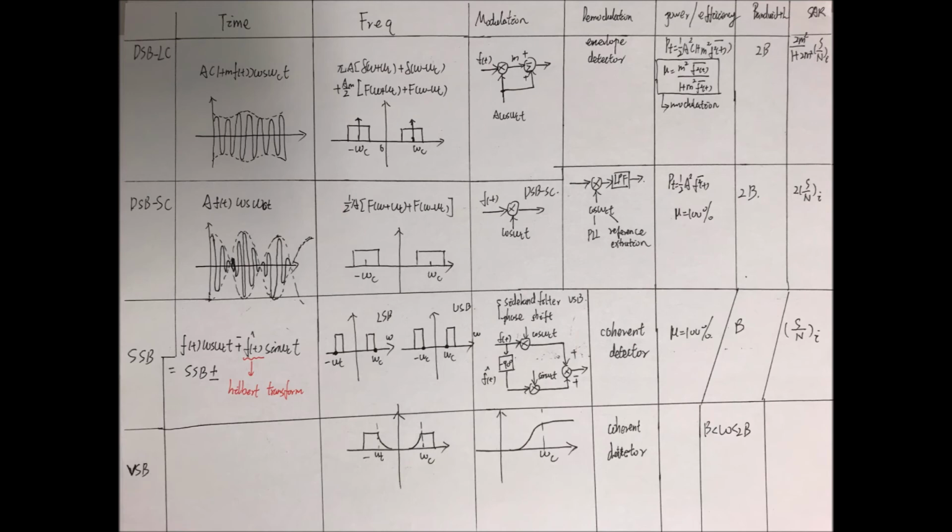The cost is really, really low. This is the only good thing about this technique. All the others, we are going to talk about very soon: power efficiency and signal to noise ratio.